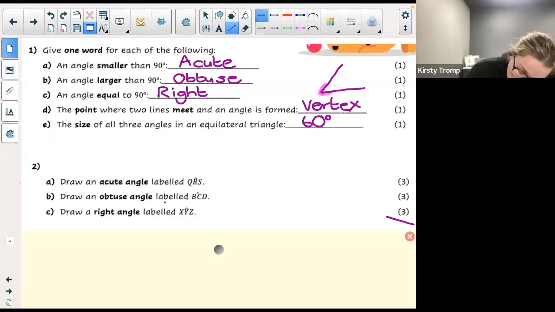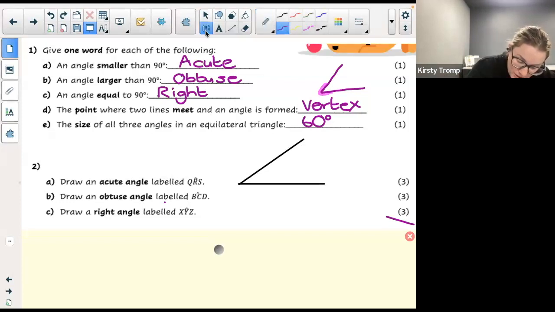An acute angle needs to be less than 90 degrees. So as long as you are drawing an angle and it is less than 90 degrees, then you don't need to worry. If they've told you to just draw an acute angle and it looks like it's less than 90 degrees, we're going to label it Q, R where the vertex is, and S.